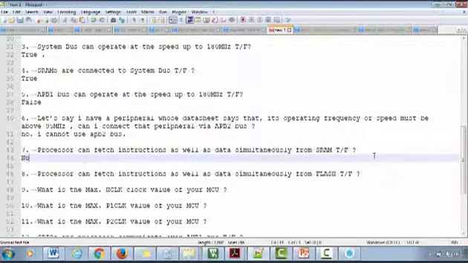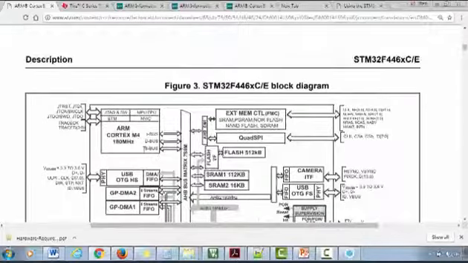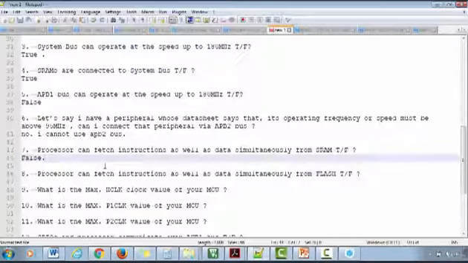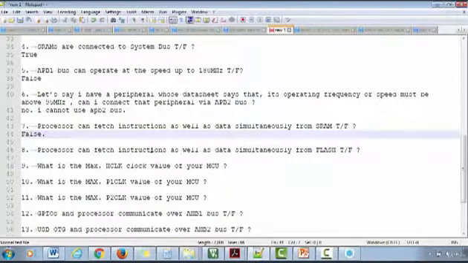It's not possible. This is false, because there is only one bus which connects to SRAM. So it has to first read the instructions, then it has to read the data. Simultaneously, it cannot read it. So that's not possible. Next: processor can fetch instructions as well as data simultaneously from flash. True or false?